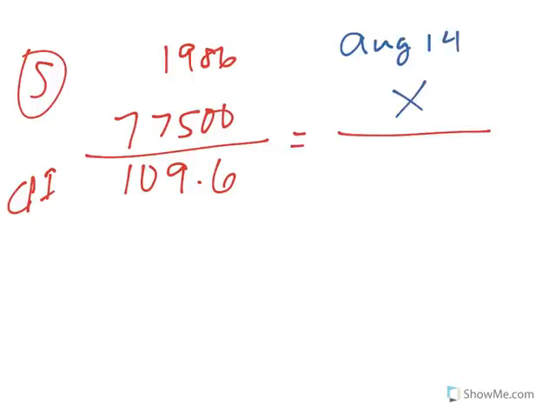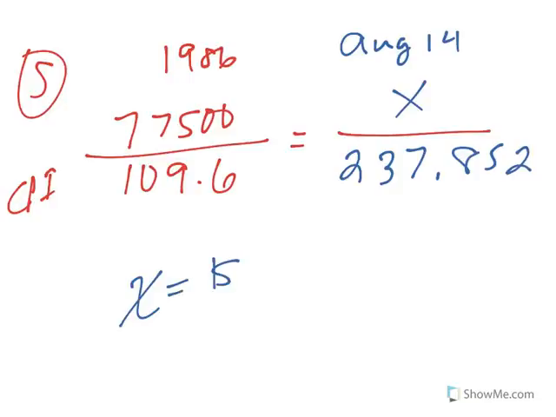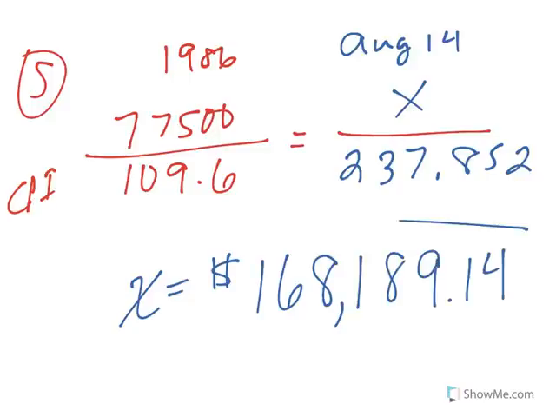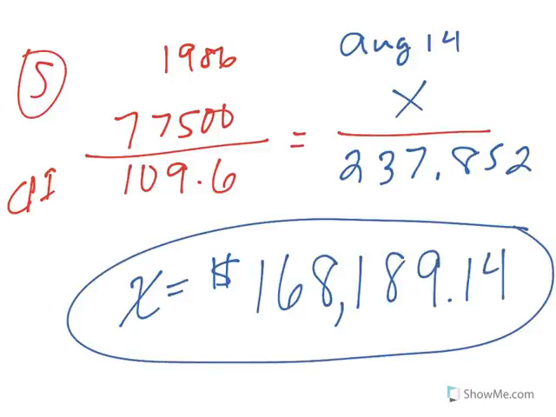So I'm going to look specifically at August 2014, and I see 237.852, cross multiply, divide, and that house is now worth $168,189.14. So, that's more than doubled in terms of 28 years or so. So that's very good for that homeowner.